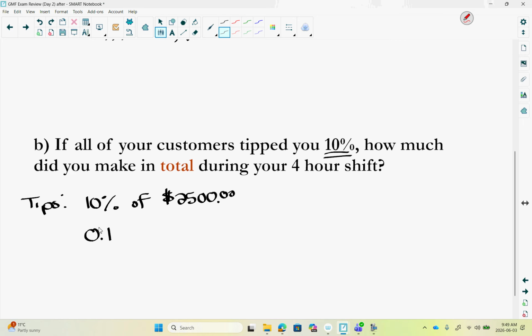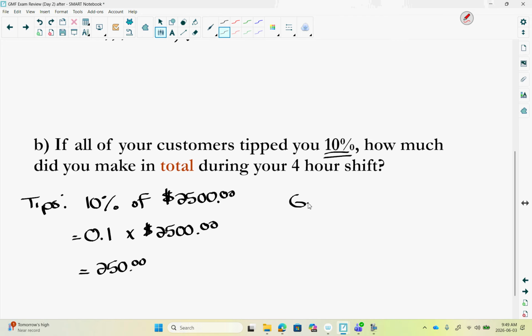So change it to a decimal by dividing by 100. You just swing the decimal point 2 spots to the left. Of means multiply. Anyone know what 10% of 2,500 is? $250. Well, that's pretty good. You're actually getting $250 in tips.